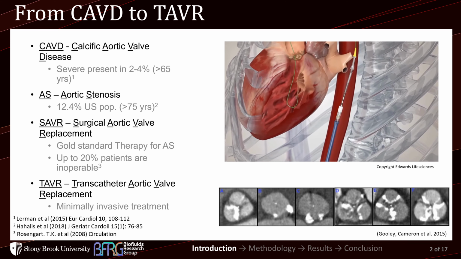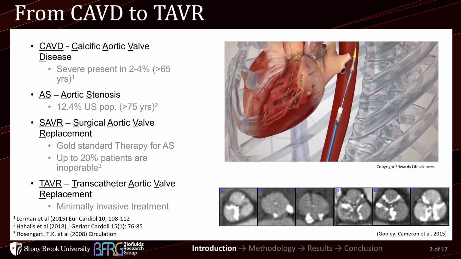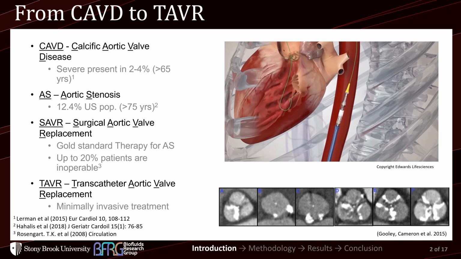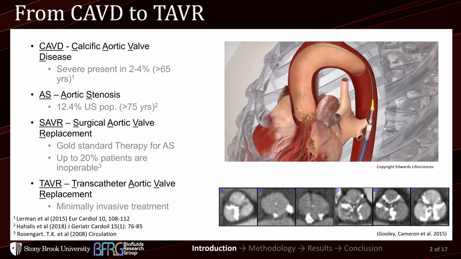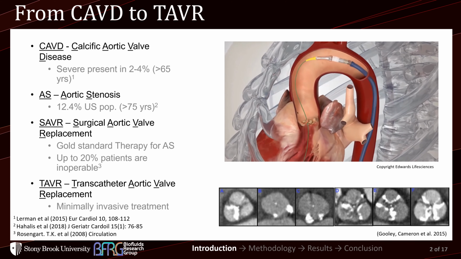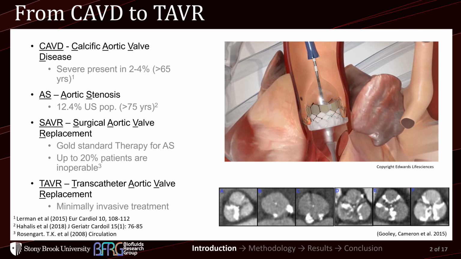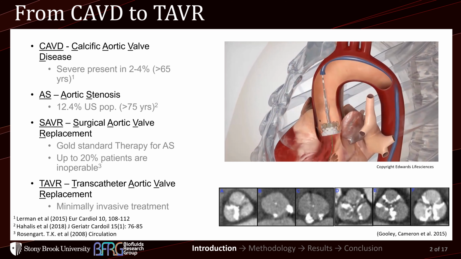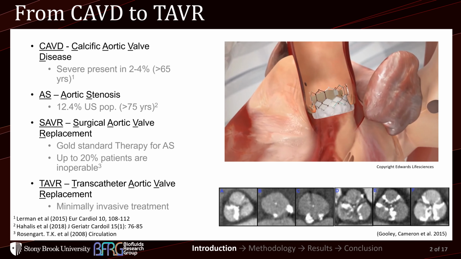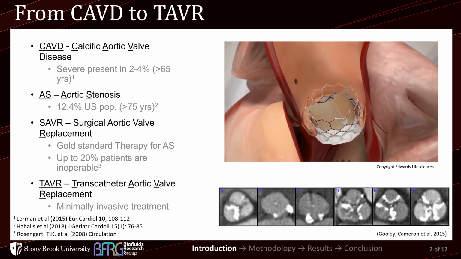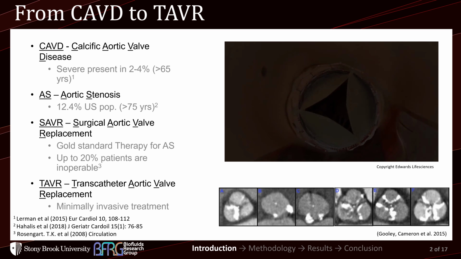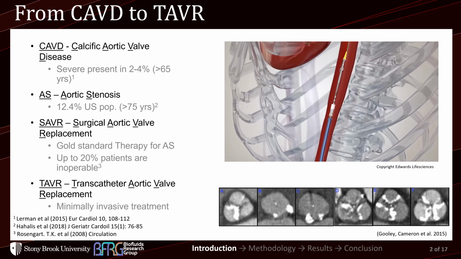The valve is replaced in a transcatheter technique. You can see in this animation here from Edwards, the valve is guided up from a delivery catheter from the femoral artery. It is placed inside the aortic valve and inflated either via balloon or with the stent frame, crushing the native valve into the walls and replacing the functionality of the valve with a new valve.